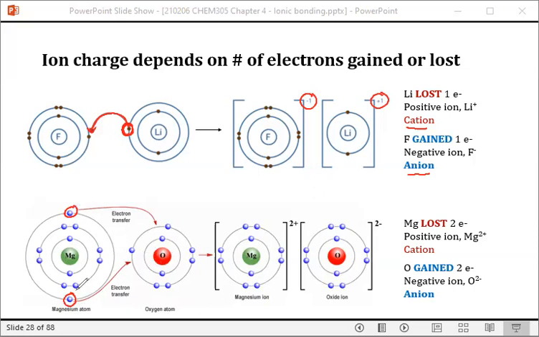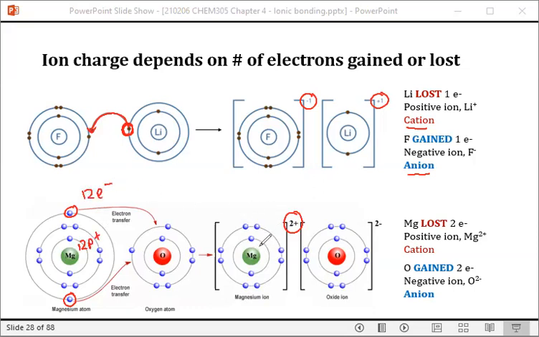When it gives up 2 negative charges, it ends up being positively charged, with a charge of 2+. It gave up 2 negative charges, but it still has the same number of protons. It started out with 12 protons and 12 electrons.